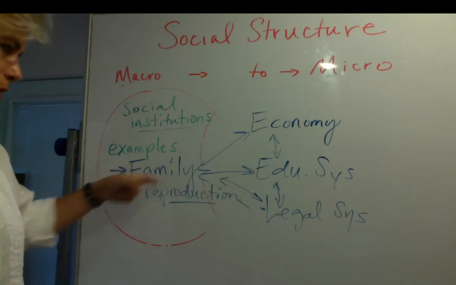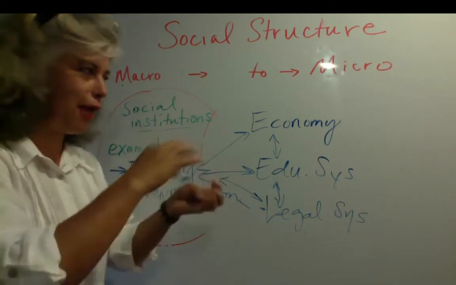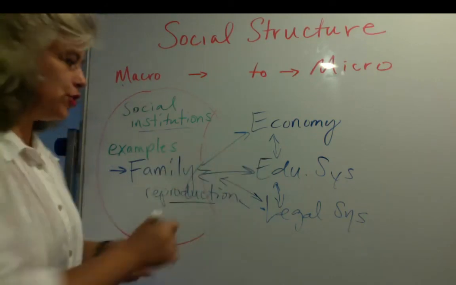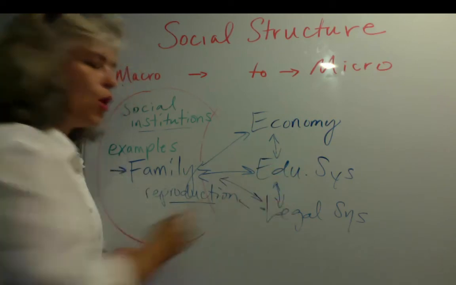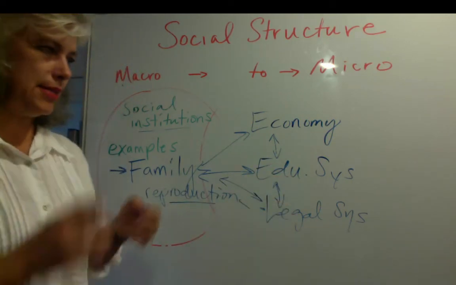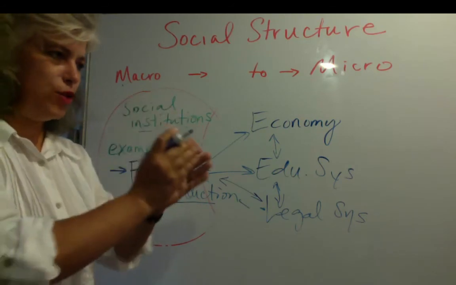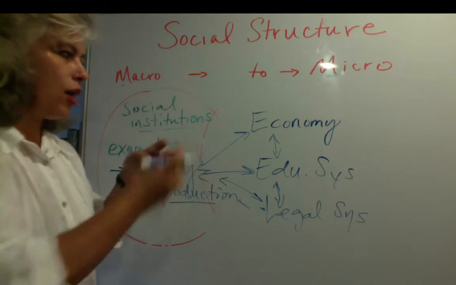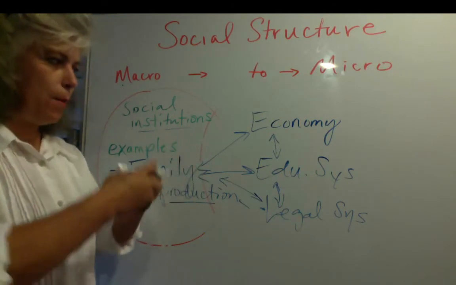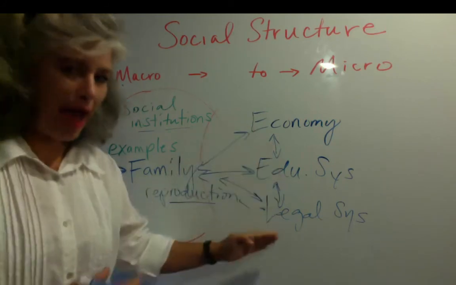Because remember, if I was a good artist, I would draw this pretty chain link thing on the board here that shows the connection of all of these social institutions with each other. Okay, because they are linked together and they don't exist as individual books on a library shelf that have space between them. They are connected to each other. They're built up and designed around the expectations that each of them have.